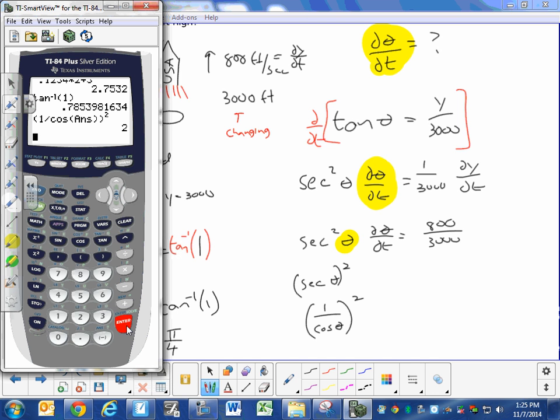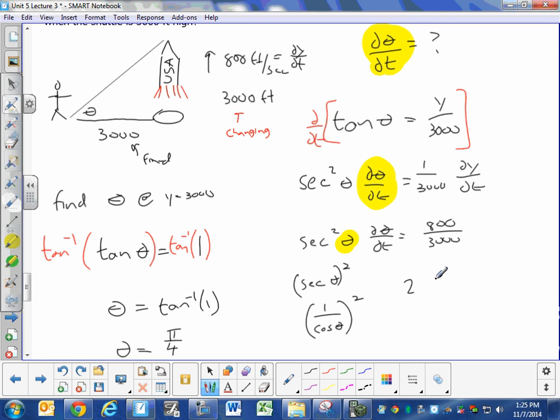That's because cosine of pi over 4 is root 2 over 2. 1 over root 2 over 2 squared ends up just being 2. So I got 2 d theta/dt is equal to 8 over 30. You get d theta/dt is equal to 8 over 60 rads per second.